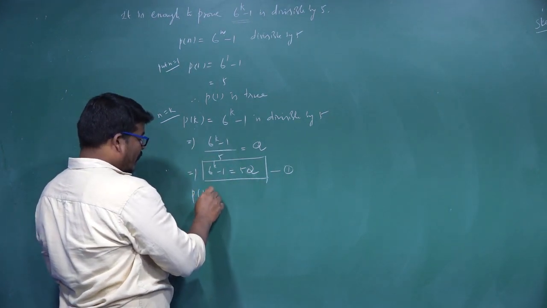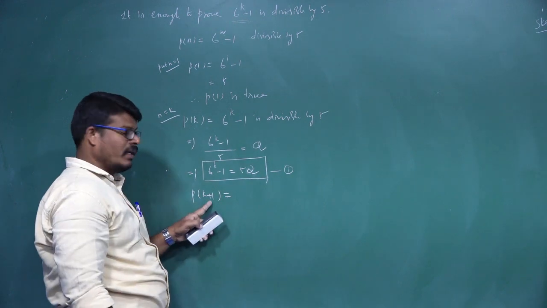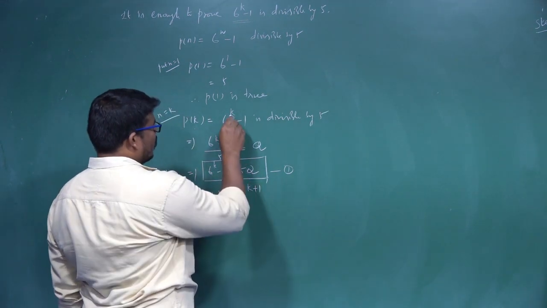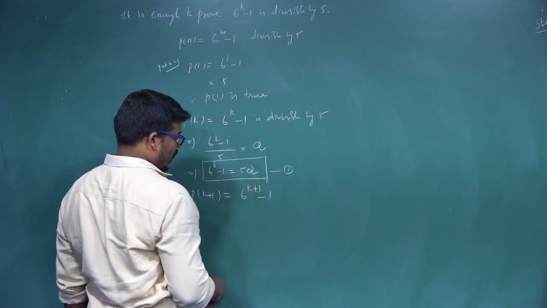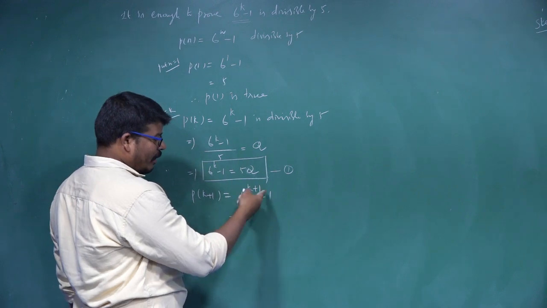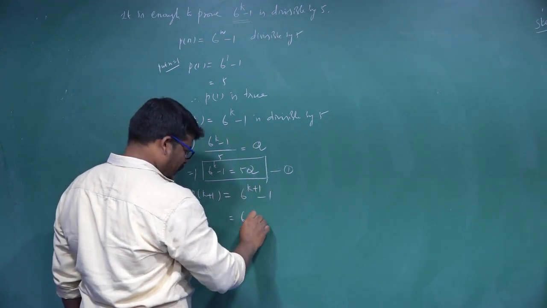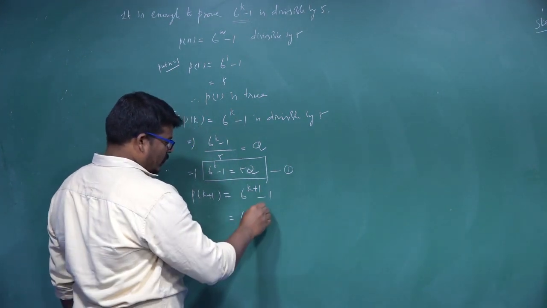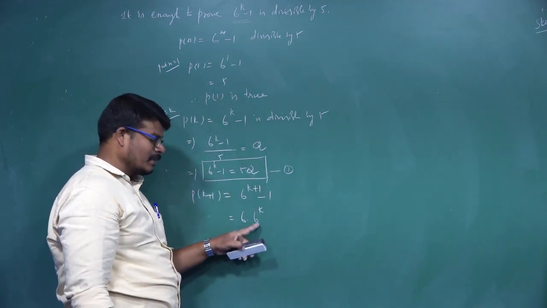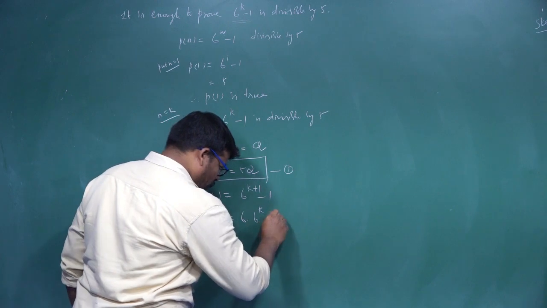Now writing P of k plus 1 equal to 6 power k plus 1 minus 1. That is equal to 6 into 6 power k minus 1. Now split the value: 6 power k plus 1 is 6 into 6 power k, minus 1.